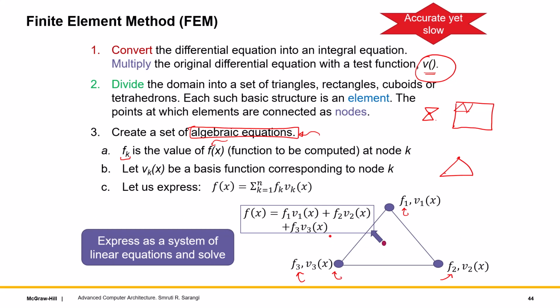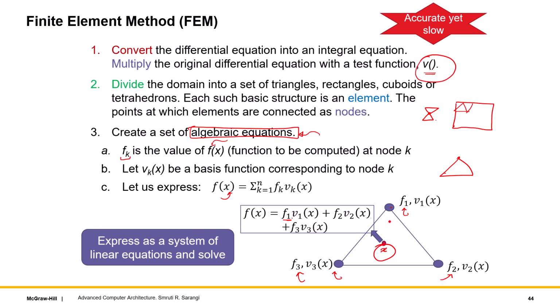Now what we do is that we can express any function, let's say f(x). So let's say this is point x, and I want to represent f(x). It is basically f1 times the value of the function v1, where this is the basis corresponding to this node over here, f1 times v1(x) plus f2 times v2(x) plus f3 times v3(x).